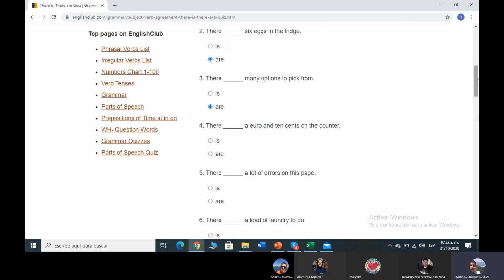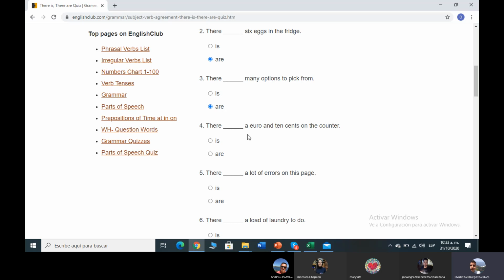So now we are going to ask Maria. What do you consider is the correct? There is or there are in this case? Please pay attention in this question, okay? There is. Can you read the sentence for us, please? There is a euro and 10 cents on the counter.